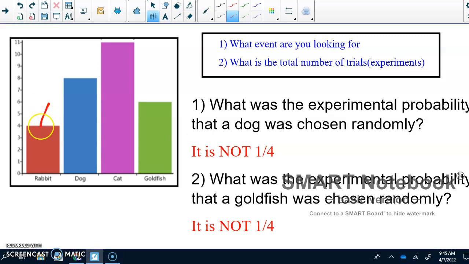You can see we have 4 rabbits, you have 8 dogs, you have 11 cats, and you have about 5 goldfish. So if you add 4 plus 8 plus 11 plus 5, it gives you about 28.